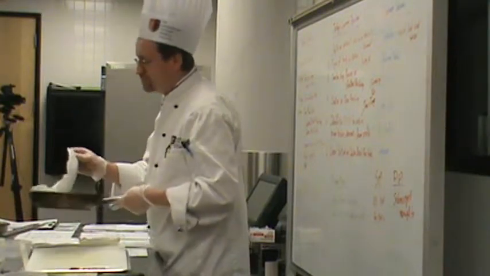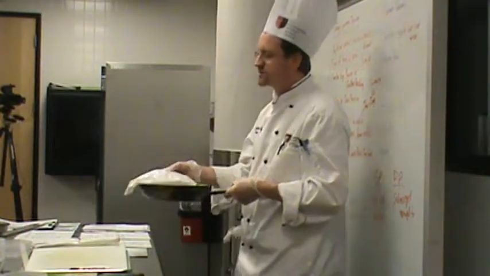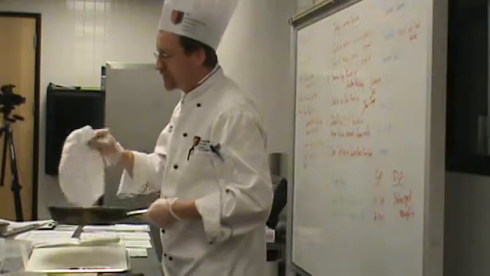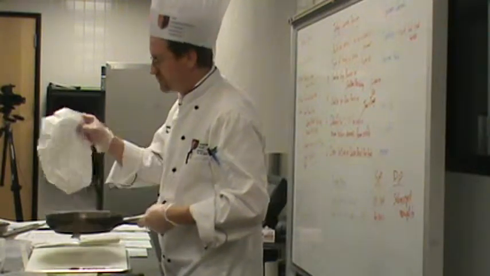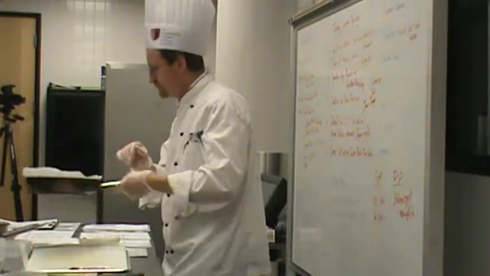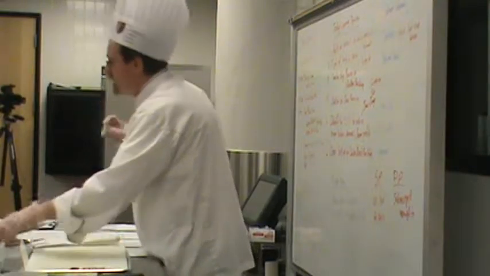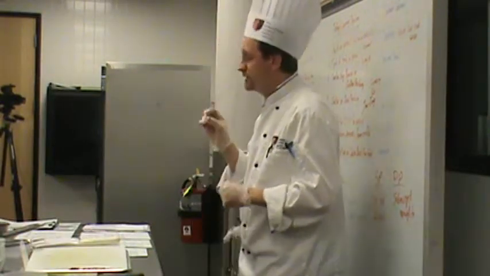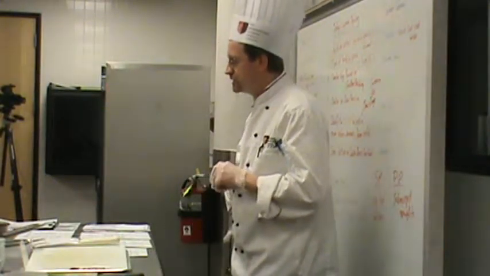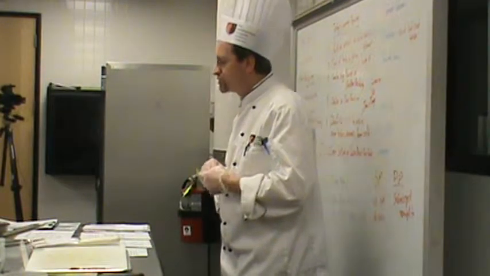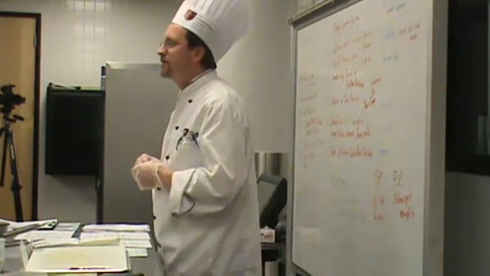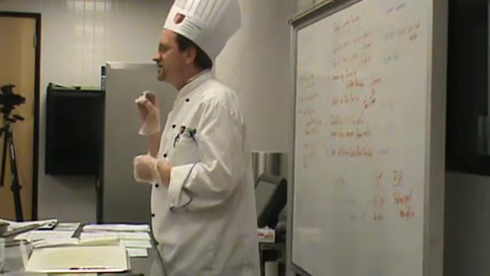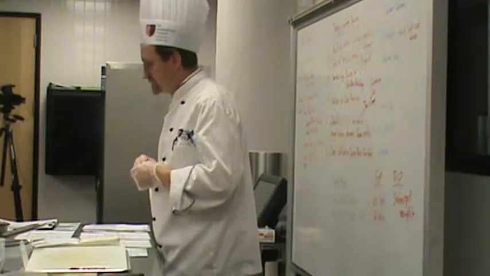Cover the item with a buttered cartouche, which is the same thing as our parchment. Want to make sure you butter the bottom of that also before you put it in. Adjust the heat, maintain 160 degrees when you're making that particular dish, and poach until done, which is 165 degrees we're going to be going on today.